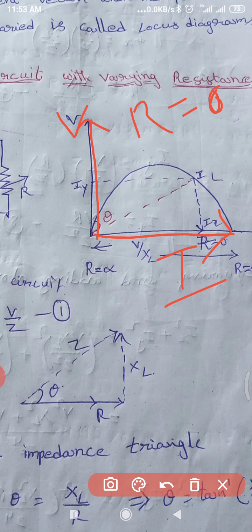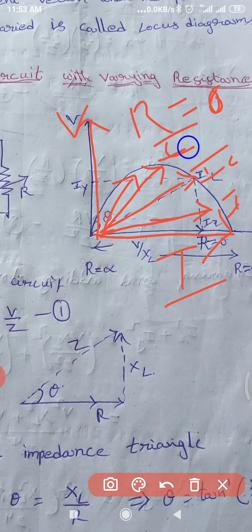If you increase the resistance a little bit, the phase angle changes a little bit. Similarly, in the same way, if you increase the value of the resistance, the phasor diagram will be like this. All these are the currents IL.